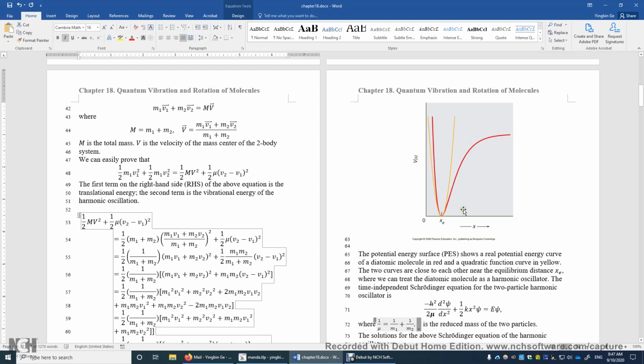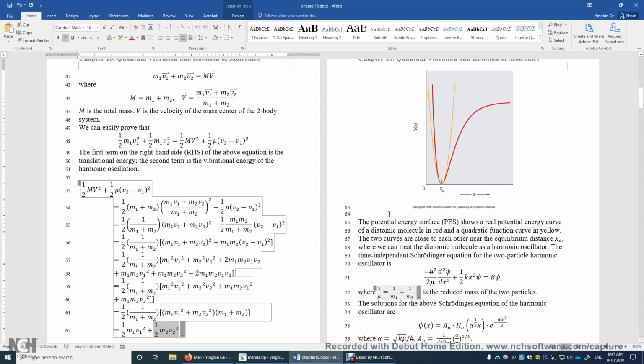However, if the bond distance is very close to the equilibrium bond distance in this region, I think we can safely use the harmonic oscillator model to describe the diatomic molecule. Again, around this region, the yellow line matches with the red line fairly well.